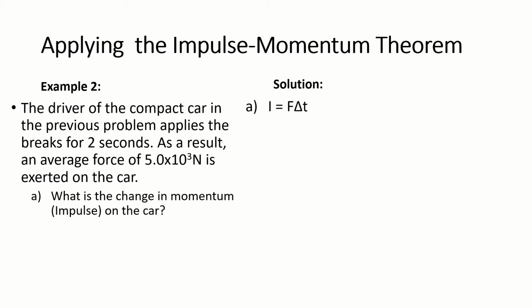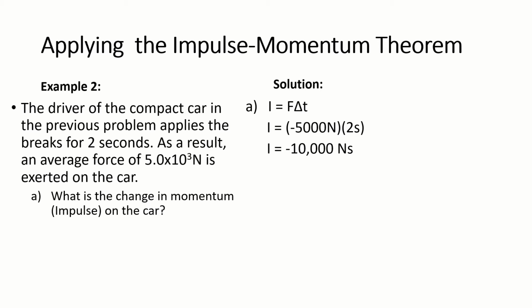So we can calculate its impulse using I equals Ft, force multiplied by that amount of time. And remember, in this particular case, it is a braking force, so it has to be negative 5,000. I'll talk more about that later when we get into direction and how direction is a little bit more important. Either way, the impulse experienced by the car would be negative 10,000 newton seconds.